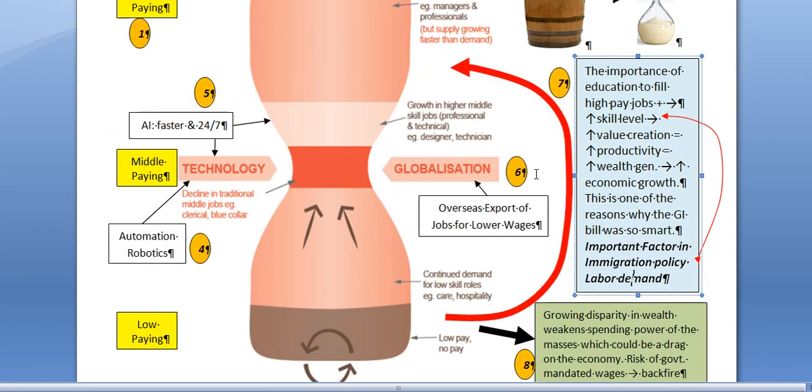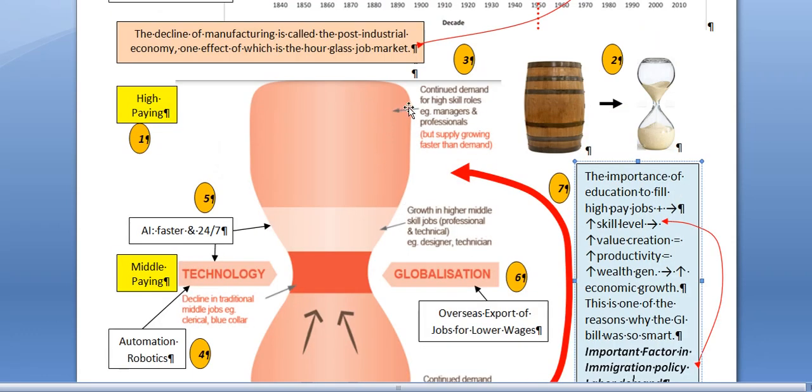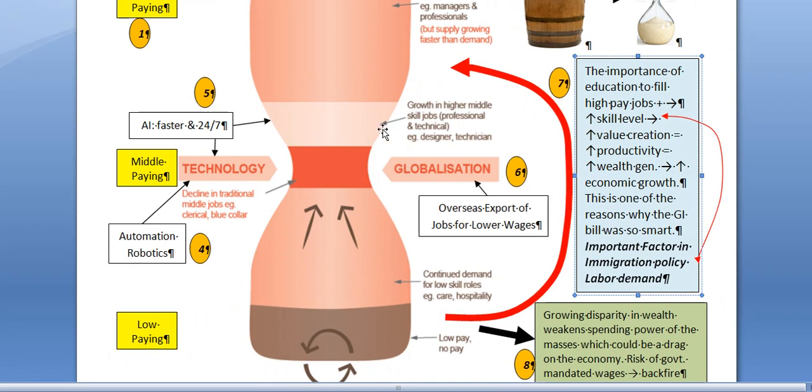Now, another final problem with this hourglass job market is there's a growing disparity in wealth. You know, the high-paid people, very little middle-paid people, and then you get low-paid people. So one of the concerns of economists, even Federal Reserve Bank members, is this growing disparity in wealth, which can weaken the spending power of the masses, which could be a drag on the economy.